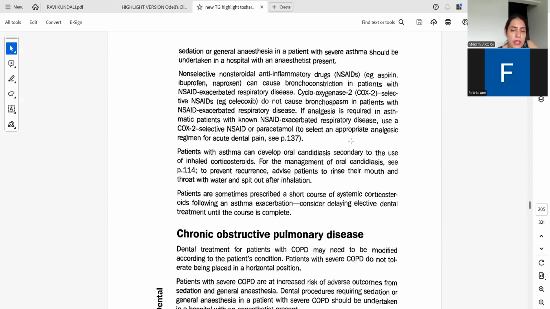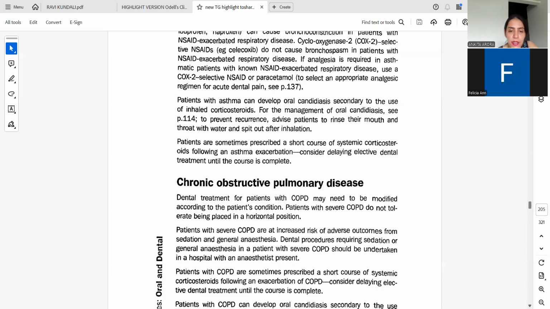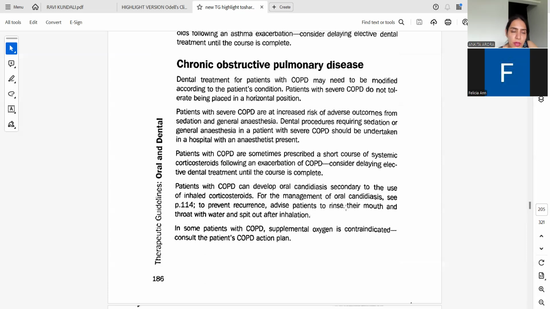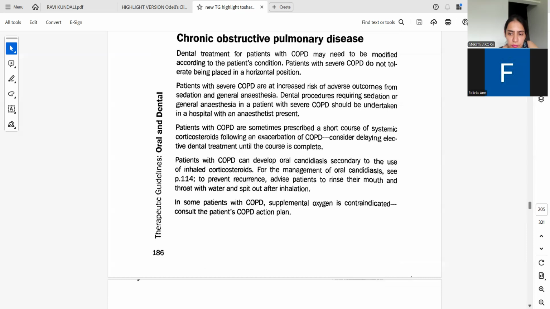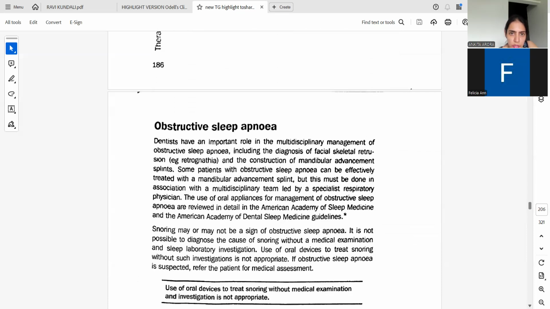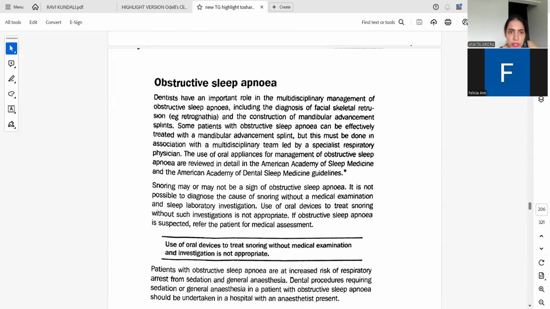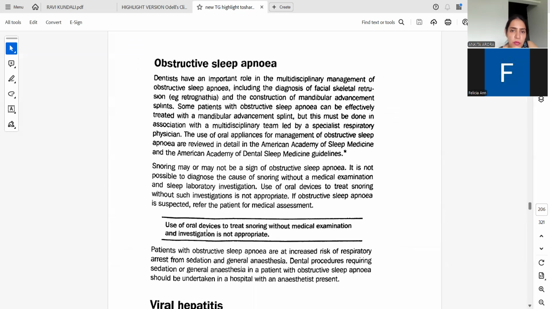If they need any analgesia, you would prescribe paracetamol, and if they need any stress relieving or any medication for GA or anything, that would be done in the hospital setting, sedation basically. Likewise is the COPD. It is best to refer them to hospital for treatment under sedation basically.